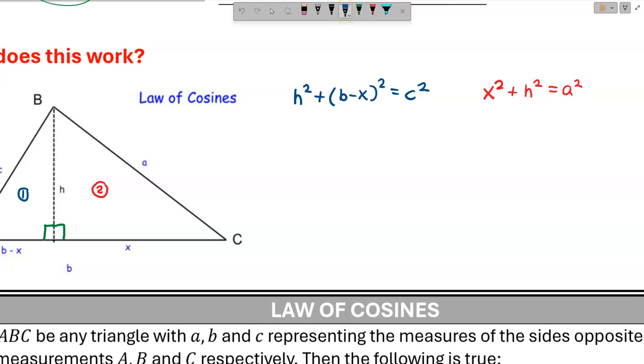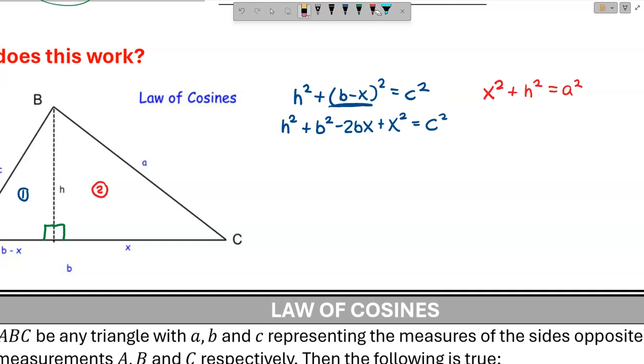Now, our goal, just like when we learned law of sines, is to try to merge these together. So with the first triangle, we're going to go ahead and FOIL this out, and we get b squared minus 2bx plus x squared, and that's equal to c squared. And once again over here, we still have x squared plus h squared equals a squared.